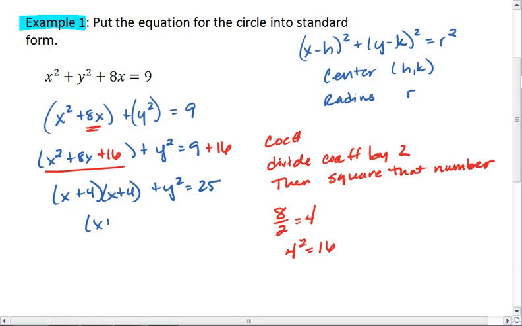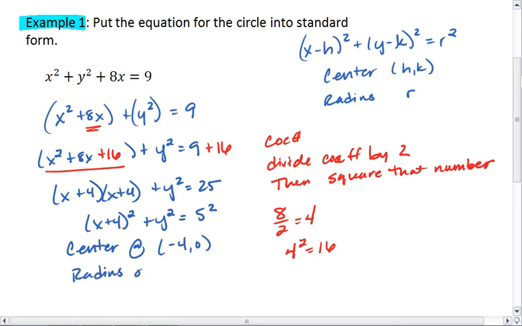Which means we have (x plus 4) squared plus y squared equals 25, which also can be rewritten as 5 squared. So this circle has a center at (-4, 0) and a radius of 5.